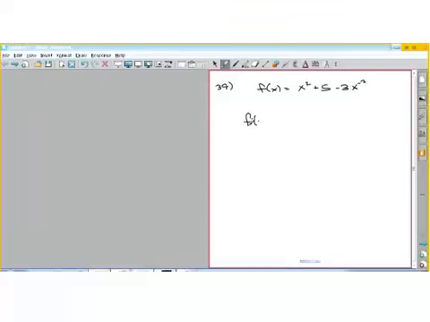Anyway, so we just use the power formula. So you get 2x plus 0, derivative of the constant is 0, and then you have -2 times -3, which is +6, and then it's x to the -3 power. Reduce that by 1. And then I probably would write this as 2x plus 6 divided by x cubed.